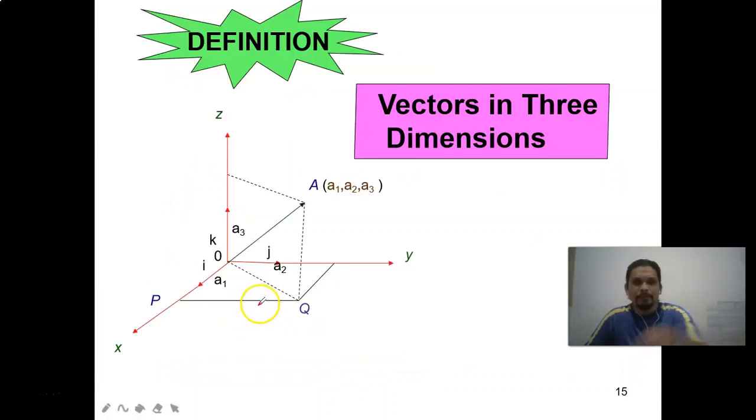Now, when we are given vectors in 3 dimensions, look at the definition here. This is the point of origin O, with coordinates 0, 0, 0.